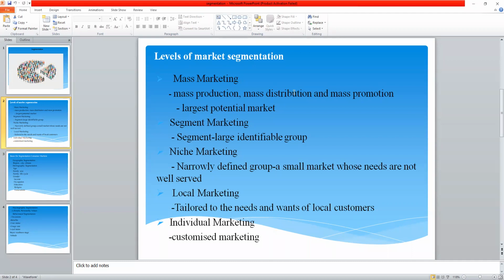Slowly and steadily, it started moving towards the segment marketing. Even today, many of the companies are based on this mass marketing aspect also. If you consider a simple example like salt also, but again, because of the competition, the companies are finding out new segments by giving some differentiation in the offering.